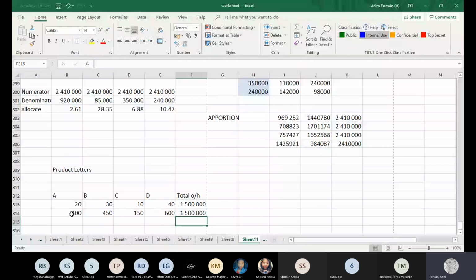So let's move over and go to our secondary allocation apportionment. Let's look at example 7.4, on page 189. It says there that Maputo Limited is a manufacturing company with two production departments, P1 and P2.